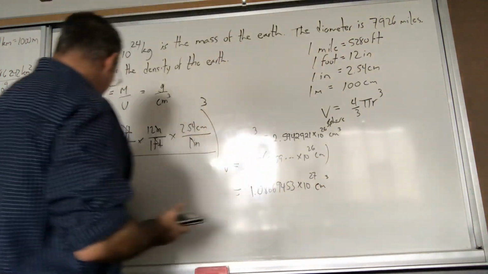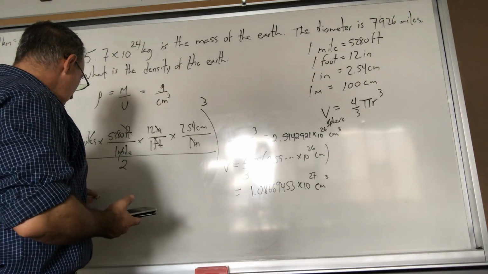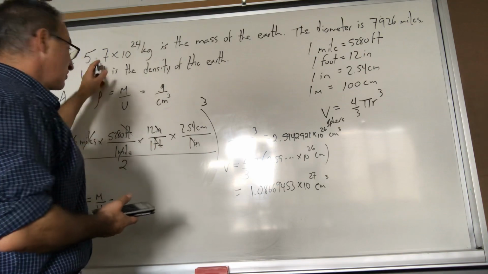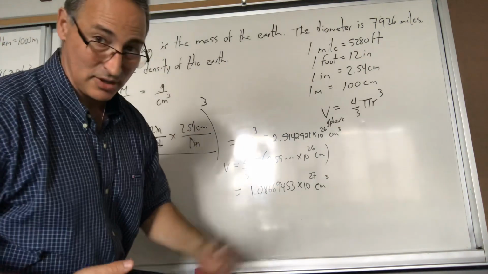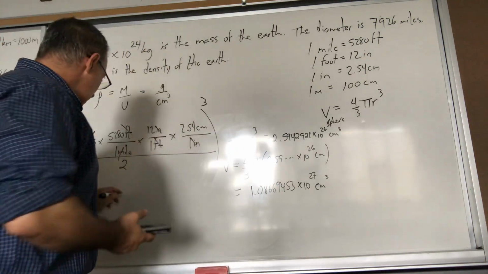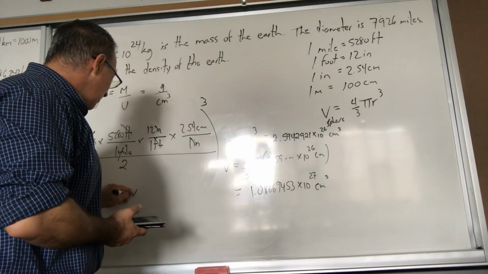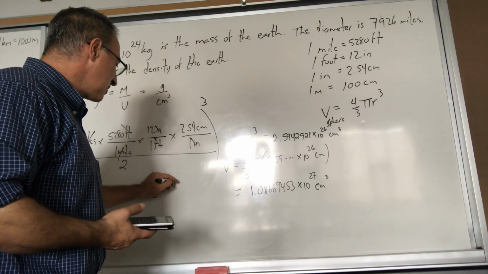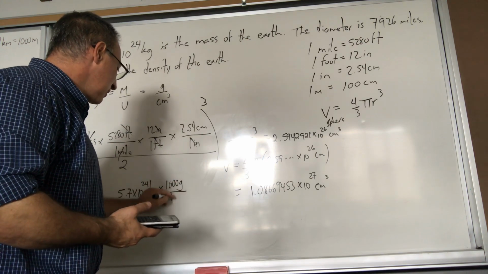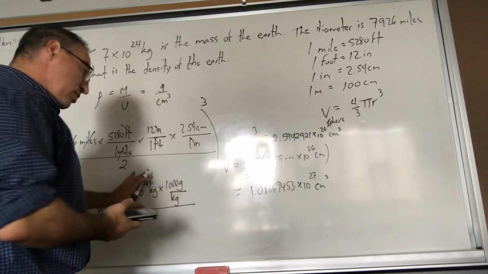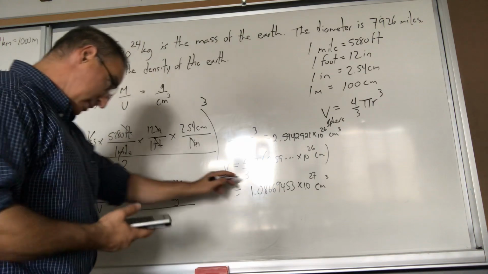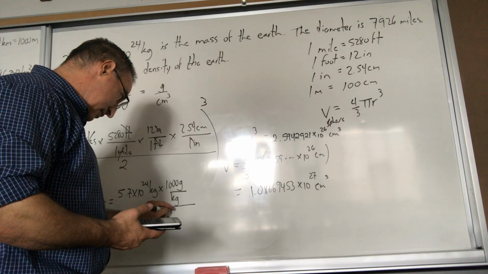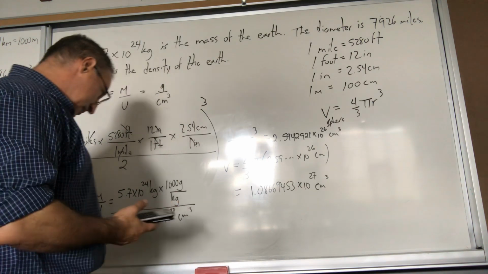Remember that density equals mass over volume. About the mass, we're told, and actually this is an inaccurate number. I didn't actually find the number, I just made it up, but it's close. So 5.7 times 10 to the 24 kilograms times 1,000 grams per kilogram is going to give you the mass of the Earth in grams, divided by the volume of the Earth, 1.0866, etc., times 10 to the 27 centimeters cubed.